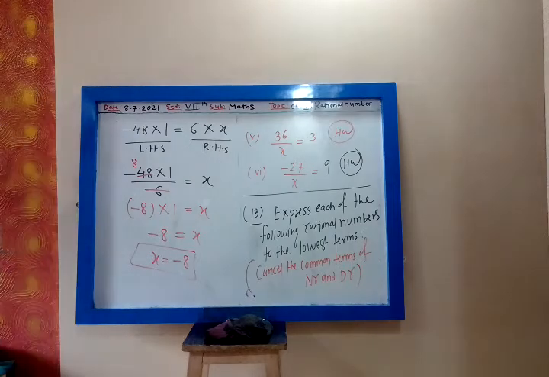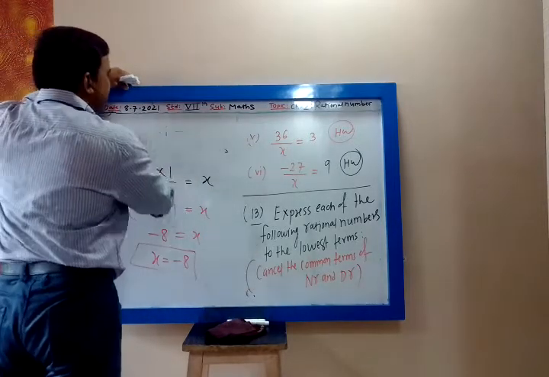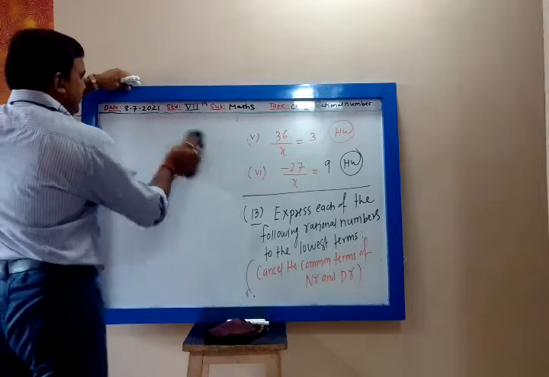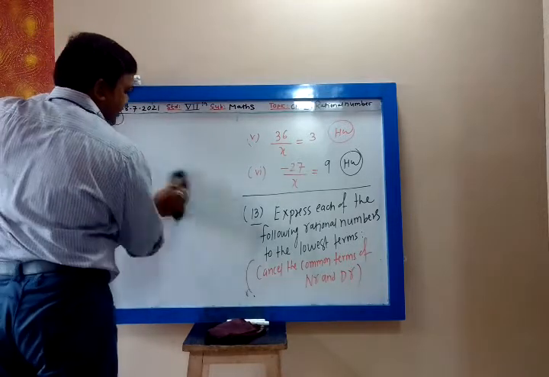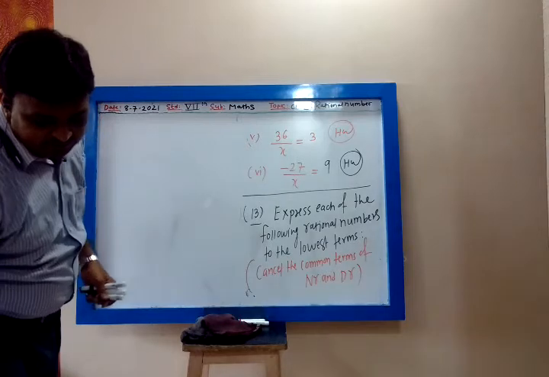To write down the given rational number in the lowest form means we have to cancel the common factors of numerator and denominator. That's all.